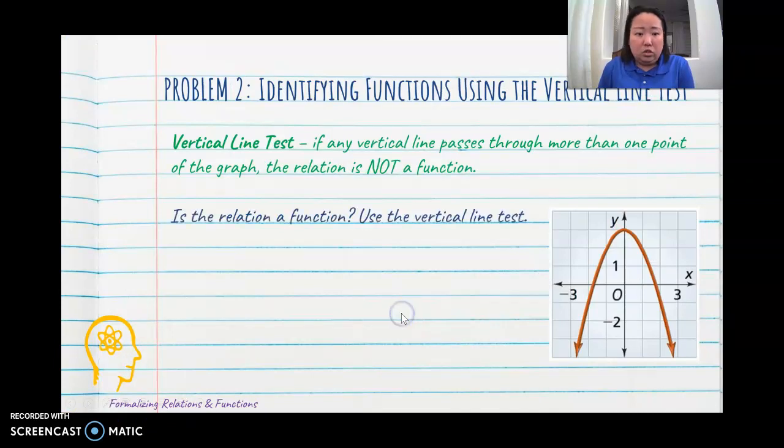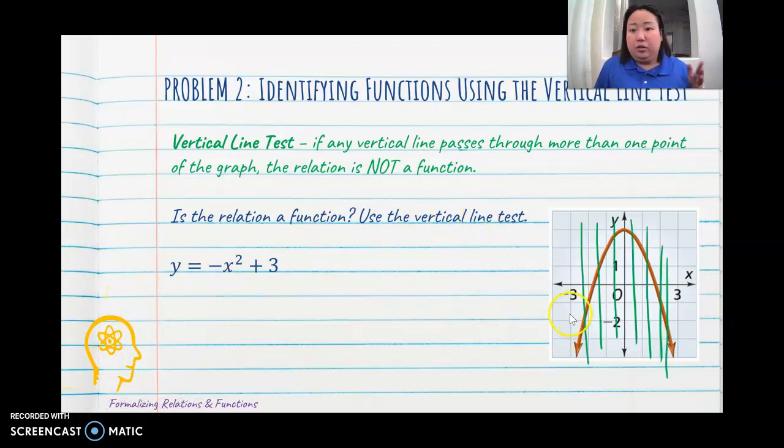Why don't you try to see if this equation y equals -x squared plus 3, the graph is already here. Is this a function or is this a relation using the vertical line test? Go ahead, try this one out. If you draw imaginary vertical lines anywhere on the graph, you will see that only one point from the graph can be touched by each of those vertical lines.